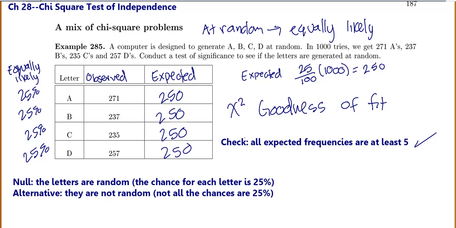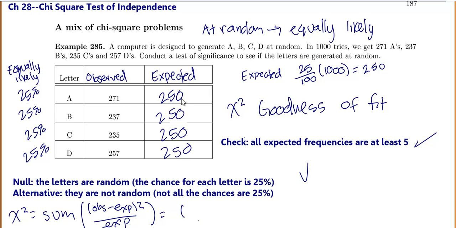Now for our test statistic, chi-squared. Once again, we're lucky because the chi-squared test statistic is the same for both tests. Chi-squared is the sum of each observed minus expected, squared, over the expected.